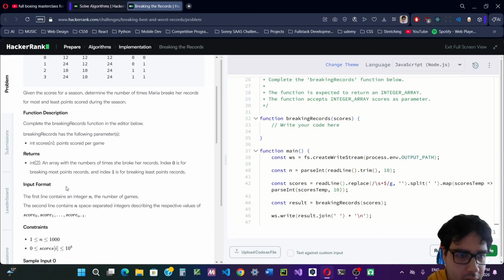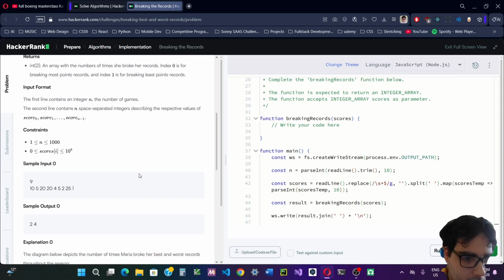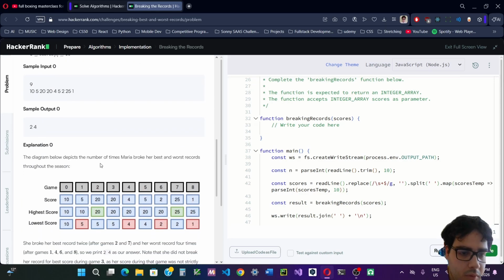Index zero is for breaking most points records, and index 1 is for breaking least points records. The first line contains an integer n, the number of games. The second line contains n space-separated integers describing the respective values of scores. The diagram below depicts the number of times Maria broke her best and worst scores.